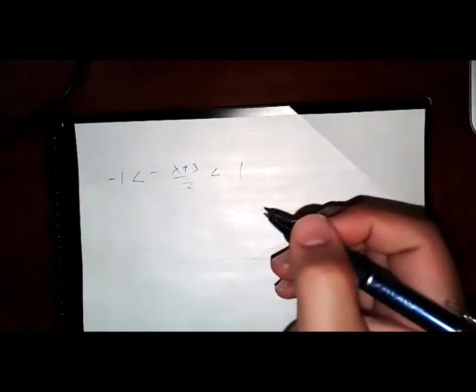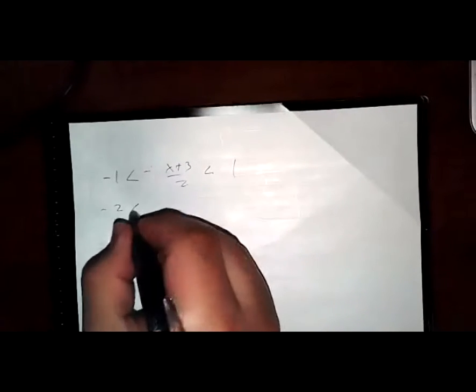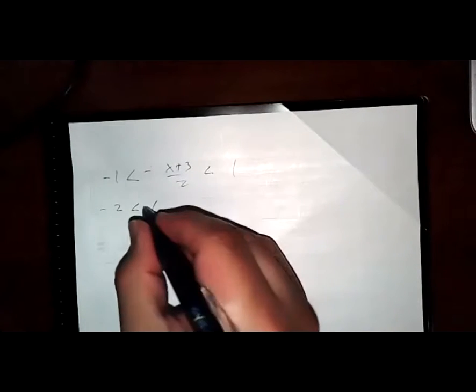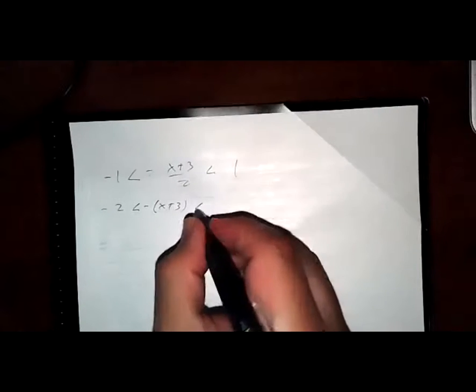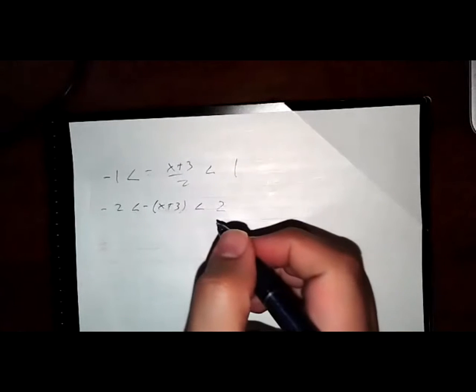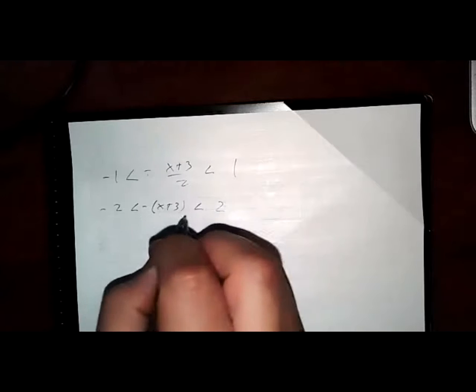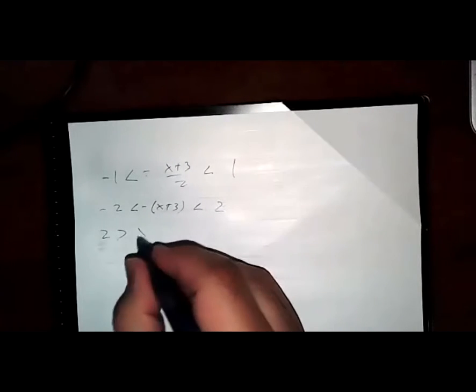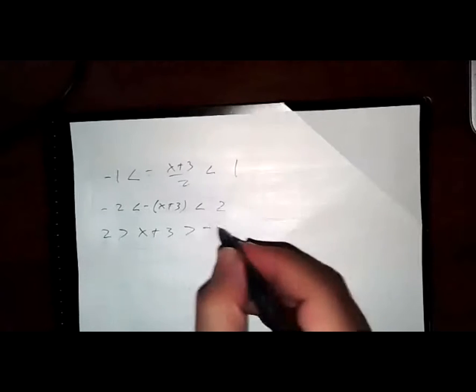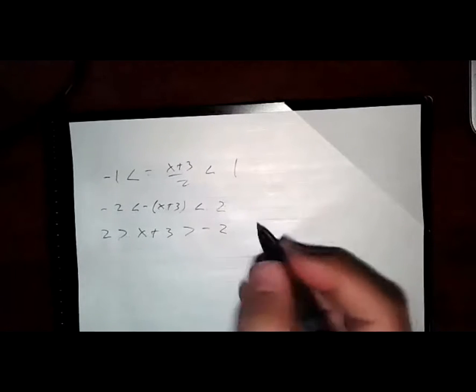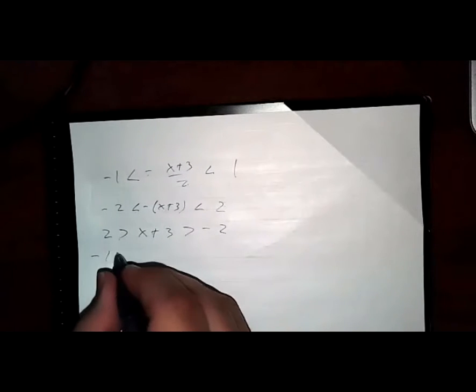Multiply everything by 2 gives you -2 less than negative x plus 3 less than 2. Dividing by negative will flip my inequality. Subtract by 3 will give me -1 less than x less than -5.